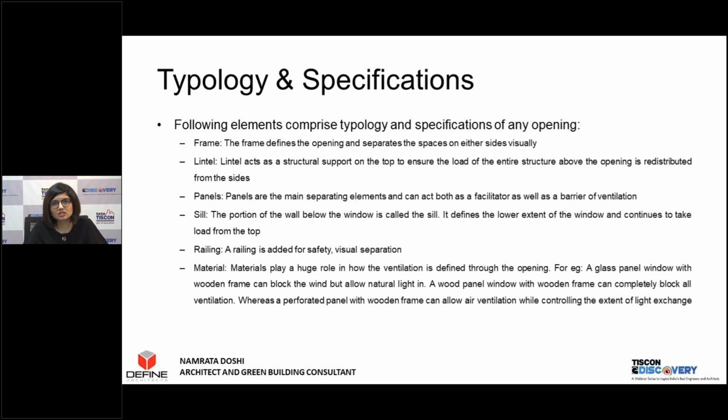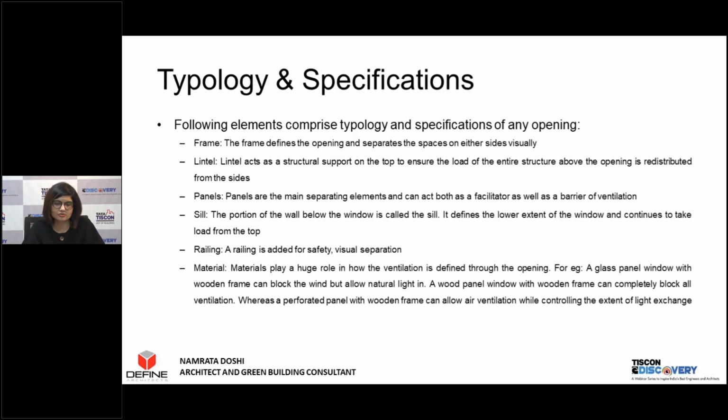It's essentially, in layman's terms, the small part of the wall that comes under your window and completes your frame. Railing. Railing is not directly a part of door and window, but it's important to talk about it because in this generation, where buildings are usually more than 4 to 5 floors, all windows on the exterior of your facade, whether it's a bedroom or a living room, directly open out.